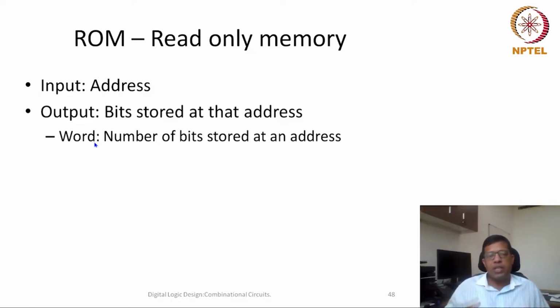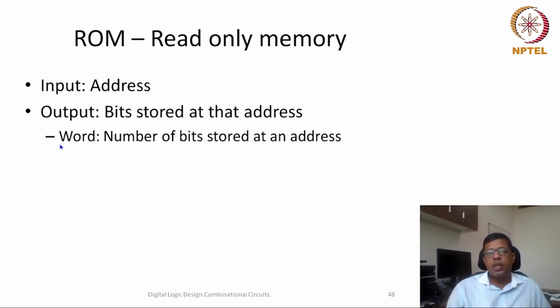Because computation becomes easier when it is a power of 2, most of the time the number of bits stored at a particular address is a power of 2, but not absolutely. It could be a non power of 2 in some specific cases.